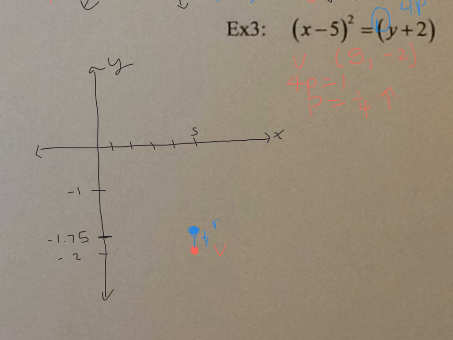Okay, so this is my focus at (5, -1.75). Now let's figure out if it's concave up or concave down. Remember, my parabola has to hug the focus, so it will go up this way. So that would be concave up. Let's write that down.